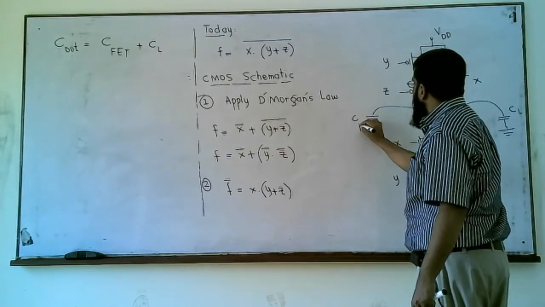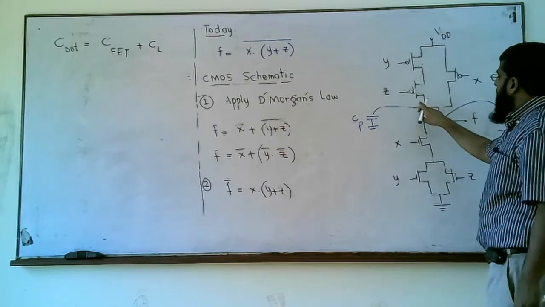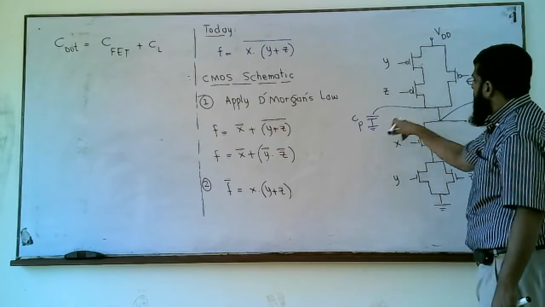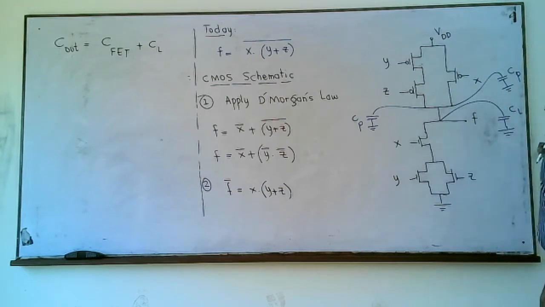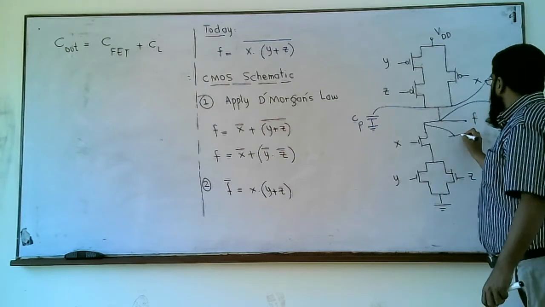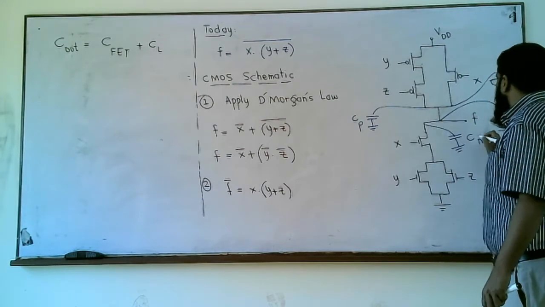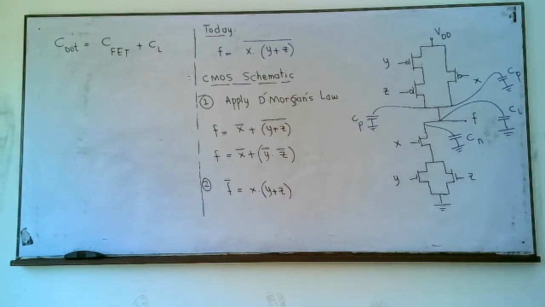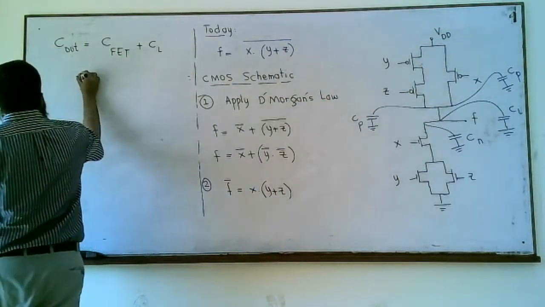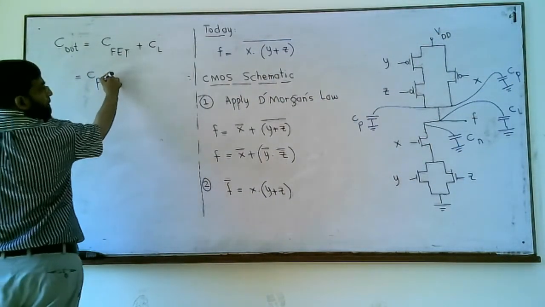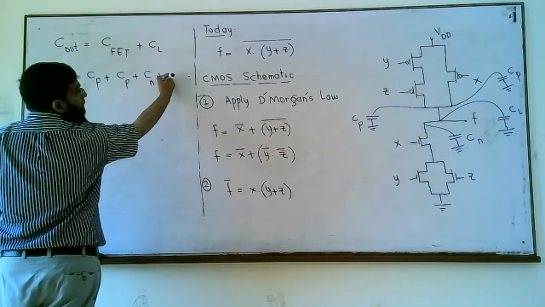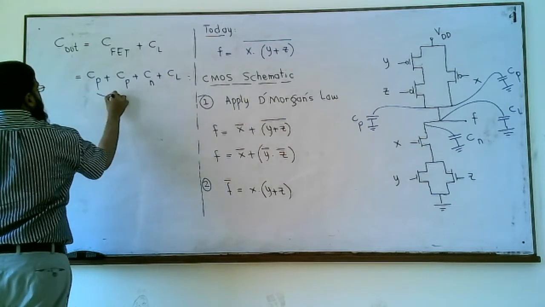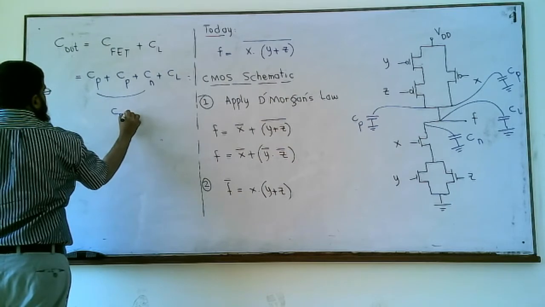It is formed by this PMOS because it's connected at the output, the drain capacitance of this PMOS transistor, the drain capacitance of this PMOS transistor, CP, and the drain capacitance of this NMOS transistor. So we now have 3 capacitors connected to the output. Therefore, CFET can be written as CP plus another CP plus Cn, that's all, and this CL. So this whole is CFET for this gate.